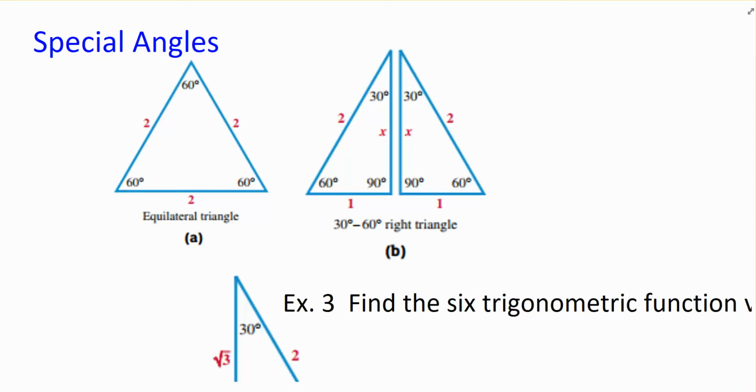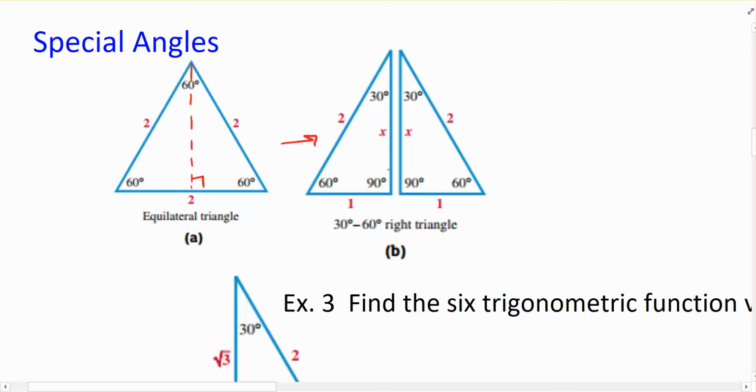Now if I were to drop a line perpendicular down from the vertex to the side opposite, I then have created two separate right triangles, which is what you see over here in this image.